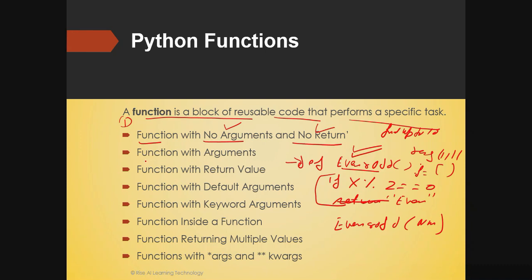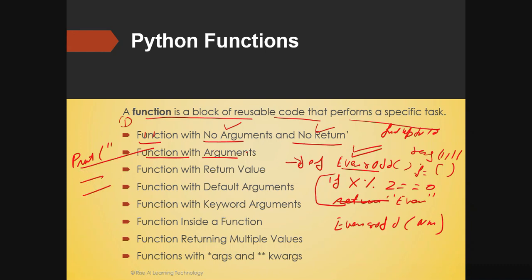So the second thing is a function with arguments. If you are passing some argument to it, and based on this argument you want to print some information, the print method is an example of that. You are passing some argument to it and it is printing some data. It is not returning anything, it's just writing it on the console.